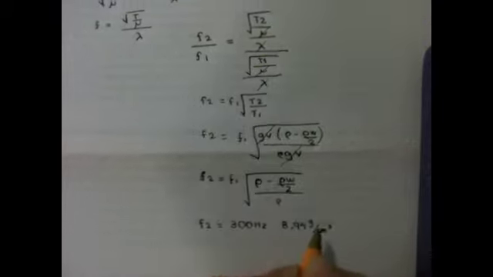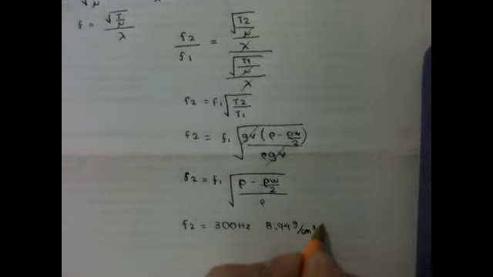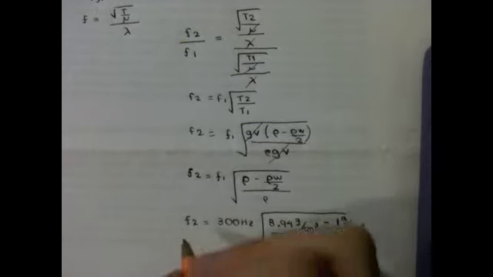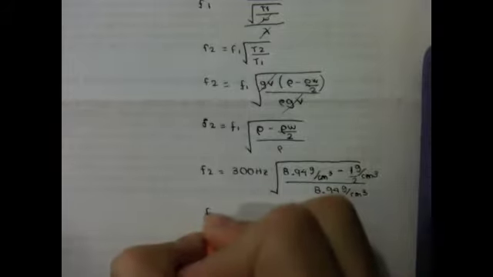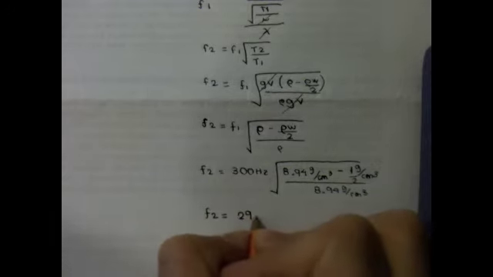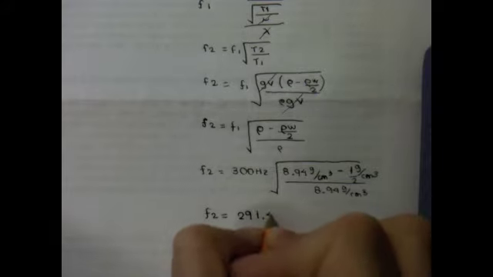The density of the copper was 8.94 grams over cubic centimeters, minus the density of the water, which was 1, divided by 2, and all this divided by the density of the copper, and we finally obtained that the frequency 2 is equal to 291.4 Hertz.